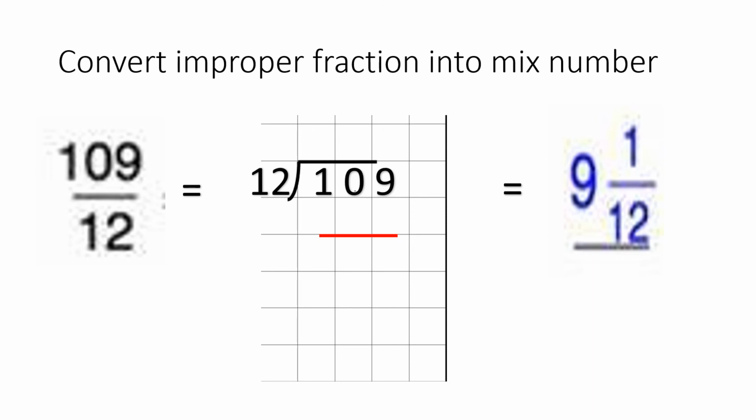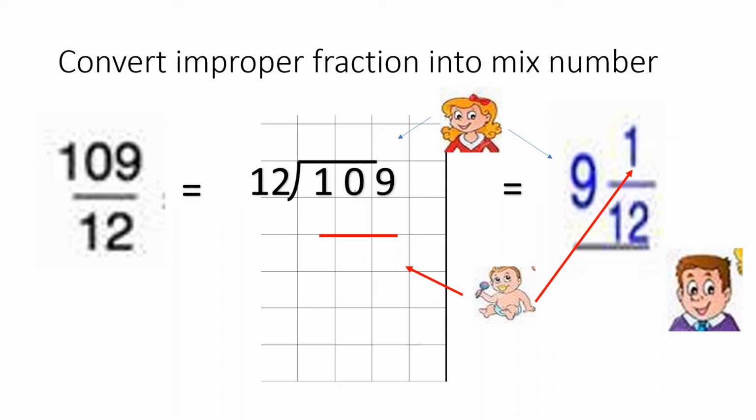Now look at 109 divided by 12. Remember, mommy is the whole number, which is the top number. Your remainder is the numerator, and the divisor is your dad. Now 109 divided by 12.